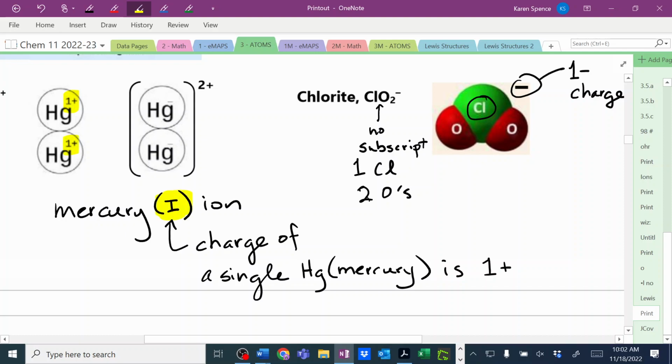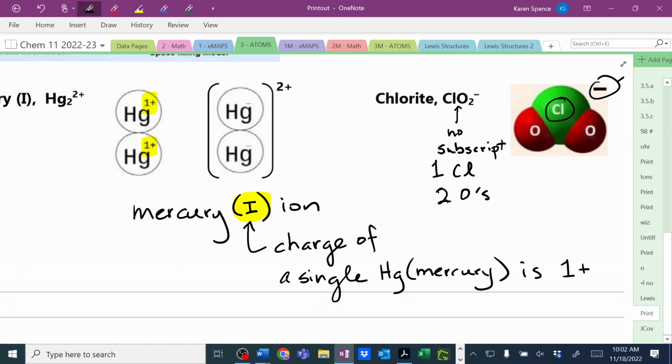There's actually a version of mercury that has a 2 plus charge. It's an Hg with a 2 plus, and that's called mercury 2. Now, how much of this do you need to know for this test?